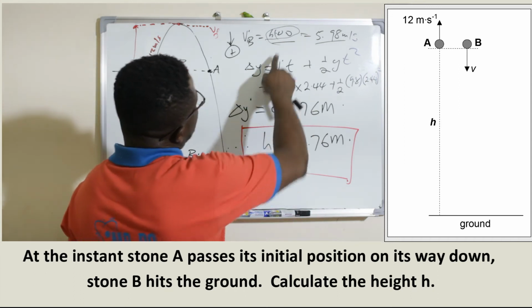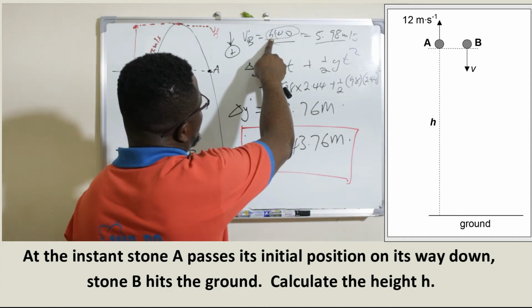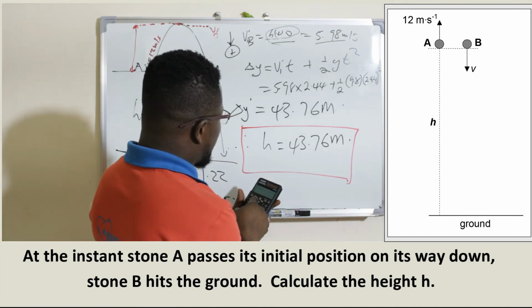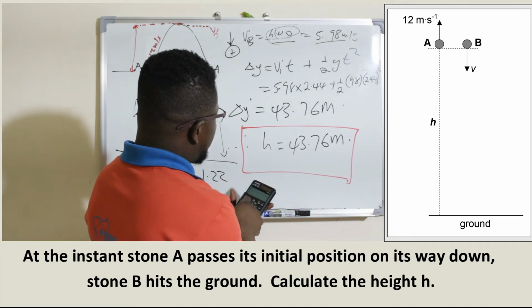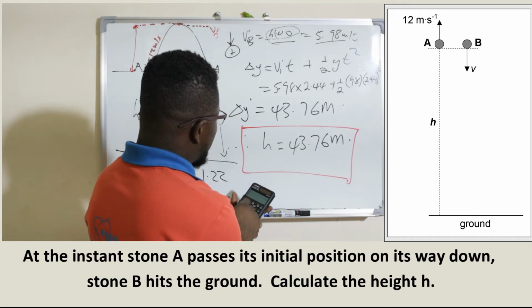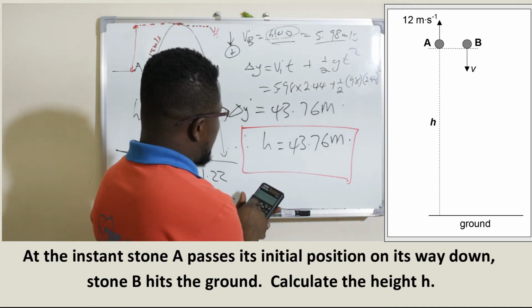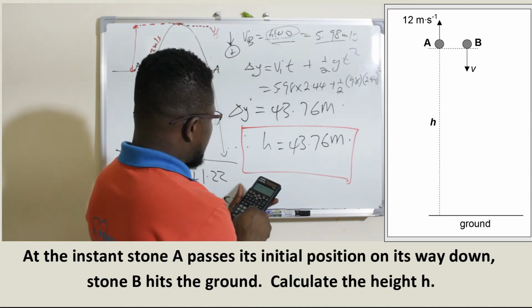Alright. If you decide to use the approximated value with the 6.00, let's try that and see. In place of this 5.98, I am going to put 6.00 there, and let's see if we're going to have the same thing.